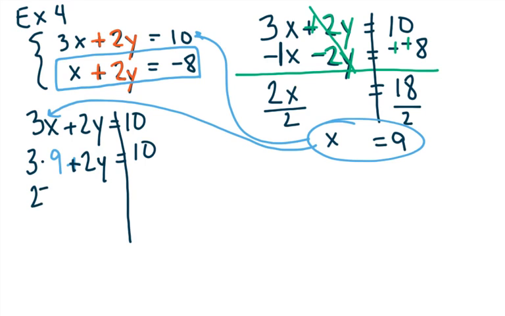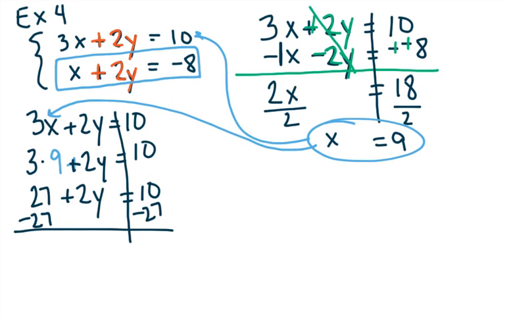We get 27 plus 2y equals 10. Subtract 27 from each side. The 27s cancel. 2y equals, and when we subtract we get negative 17, and divide both sides by 2, we should get y equals negative 8.5.